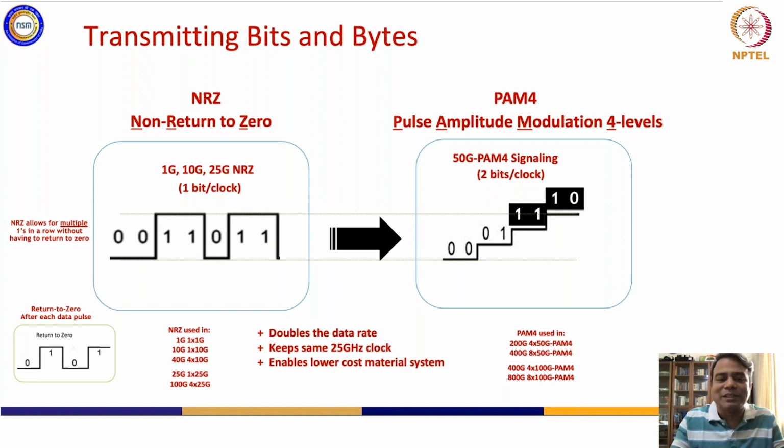In today's world, we are looking at sending the zeros and ones over a single pair of copper conductor as fast as 25 gigabits per second, or even 50 gigabits per second.